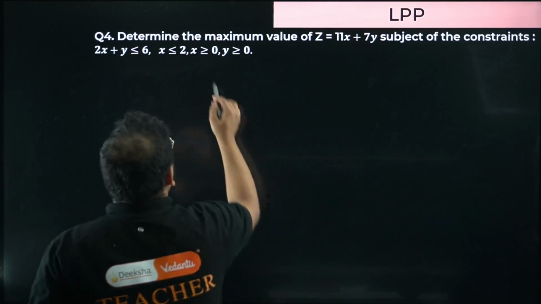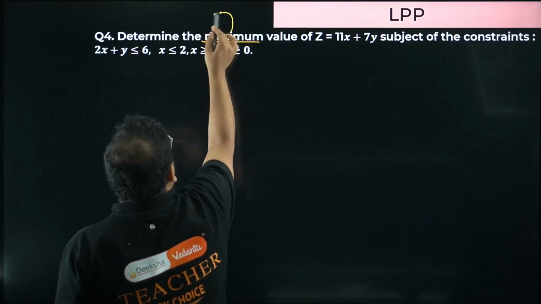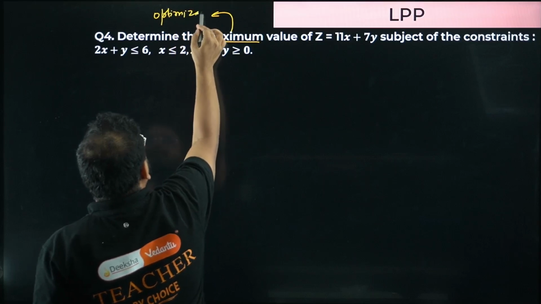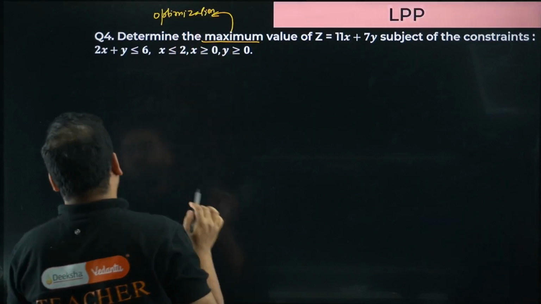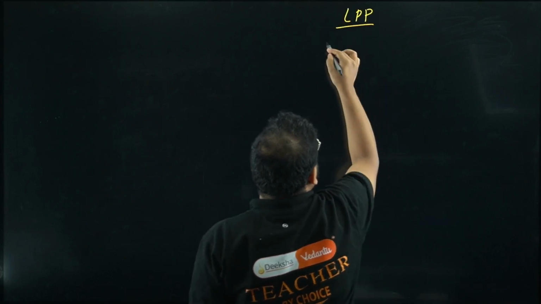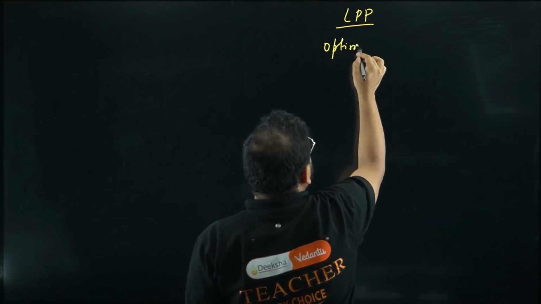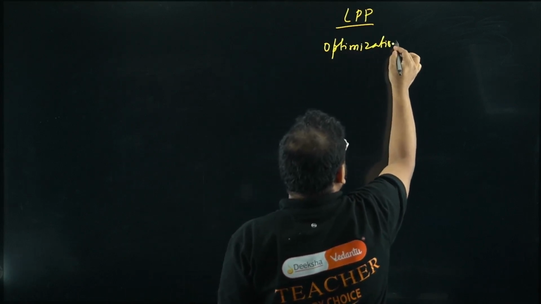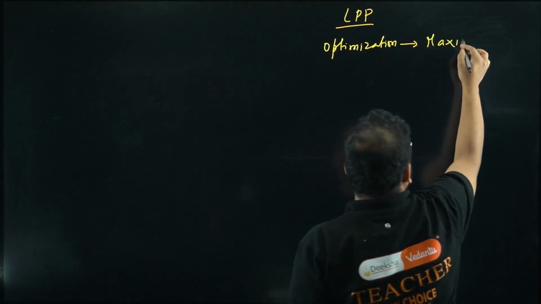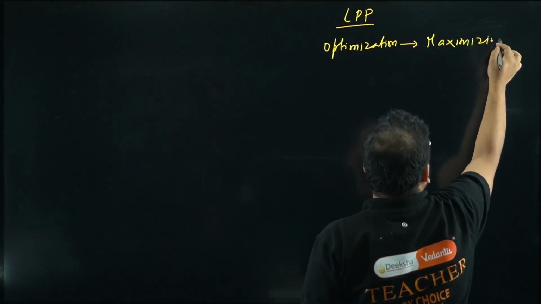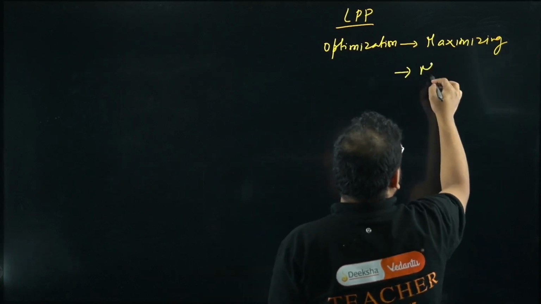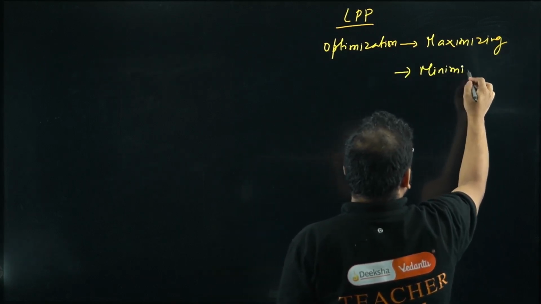What is this called? This is called optimization. Now understand this. Optimization can be of two kinds: one is maximizing the given objective function, and another is minimizing.